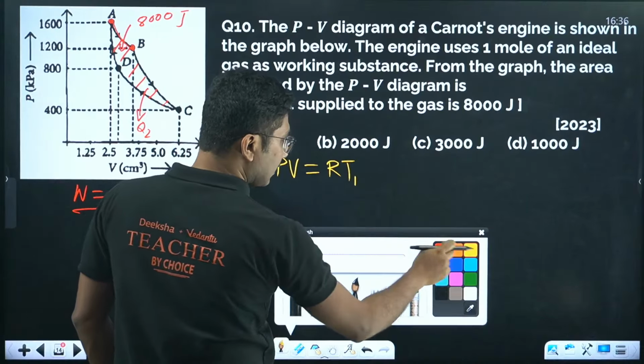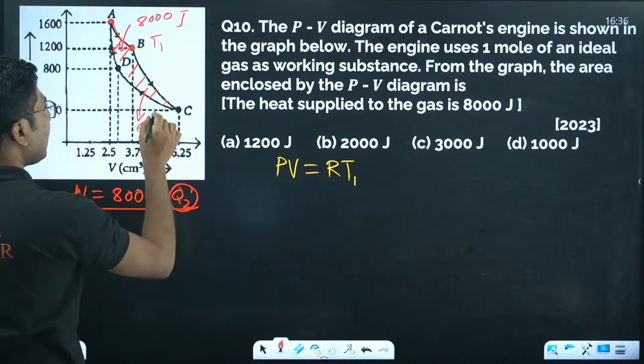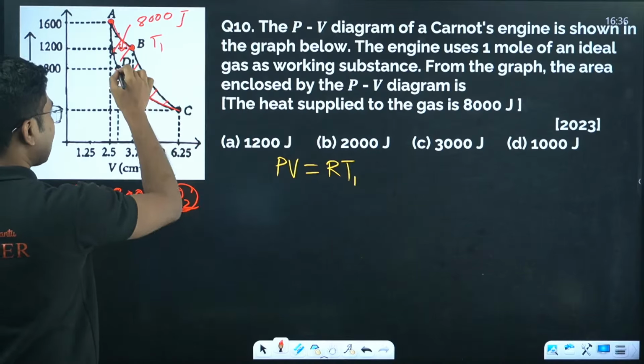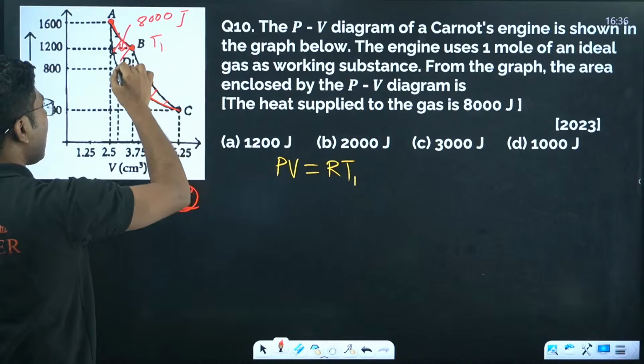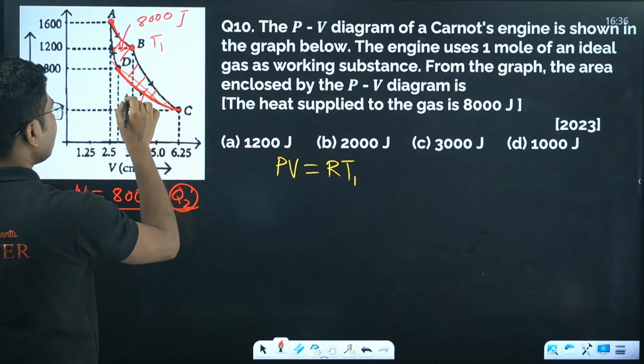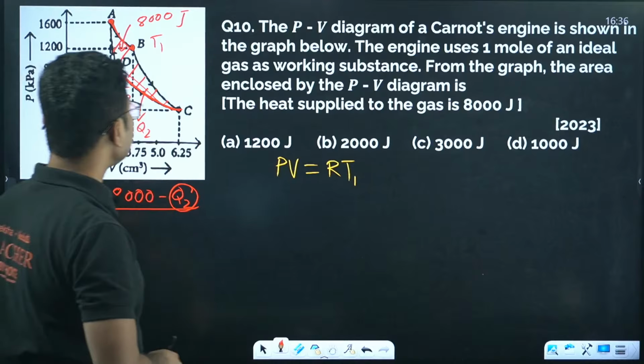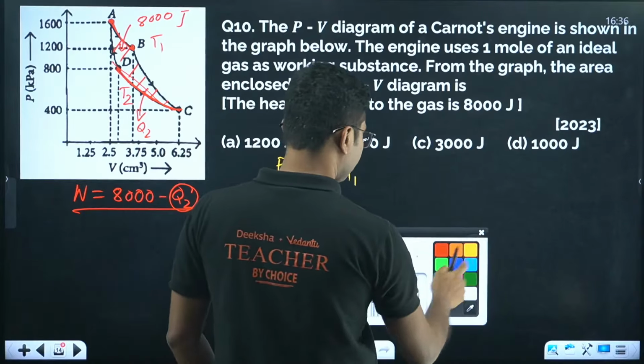This is the point where the temperature is high. So this is temperature T1. This portion will be again another isothermal process. This process and this process, that is C2D process, are all isothermal processes. So isothermal process means this will be T2. This temperature will be T2.